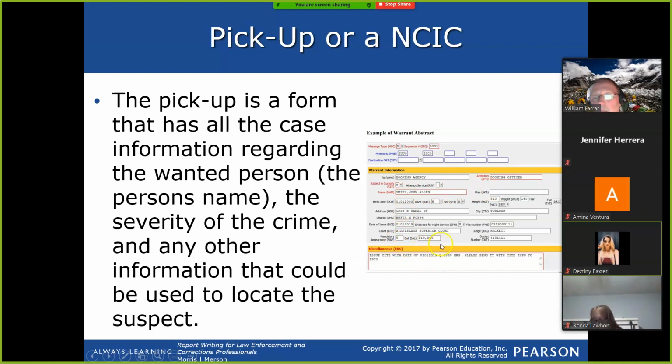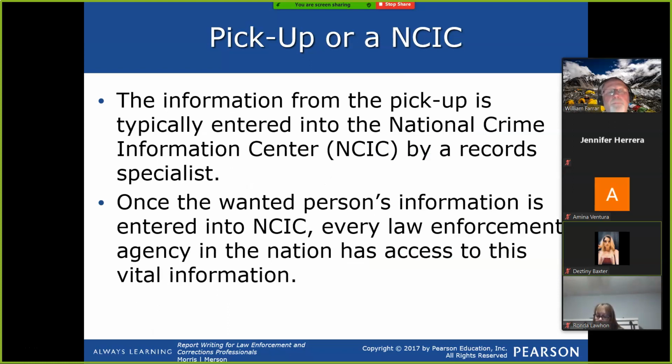If you look way down in the corner, you can see it's a $10,000 warrant issued out of this court for that particular person. So if an officer ran across them in any state, they could arrest them on that particular warrant, and the bail would be $10,000.